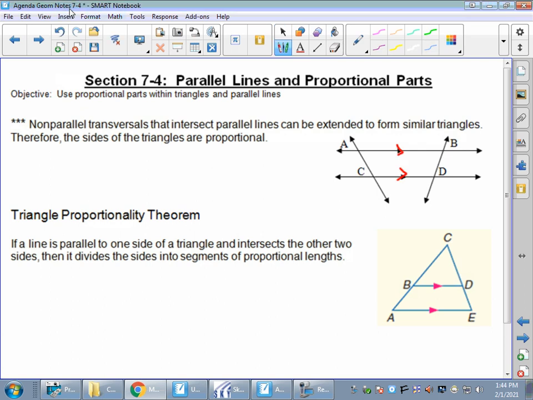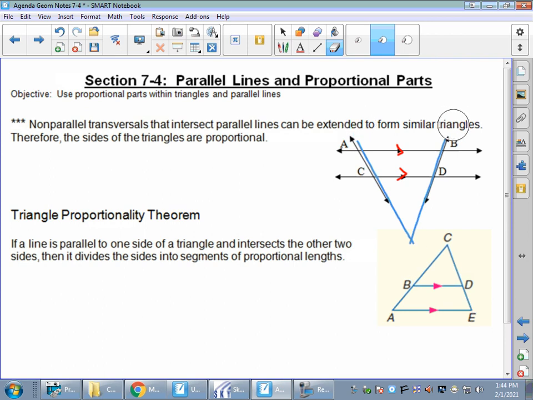Those non-parallel transversals can be extended to form similar triangles. So instead of just seeing two parallel lines and then two transversals, if I extend this and I extend this, I'm now going back to another section where I have one triangle sitting on top of another one.